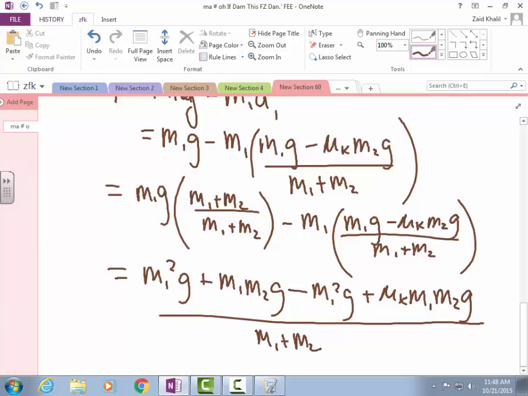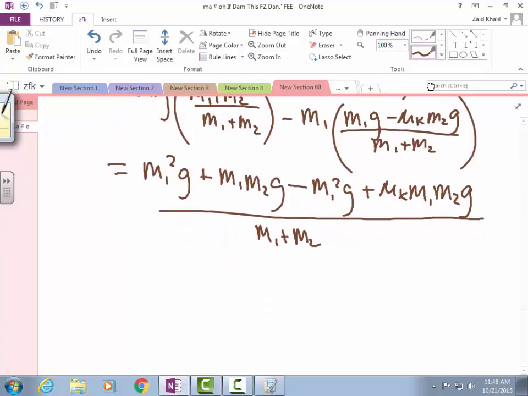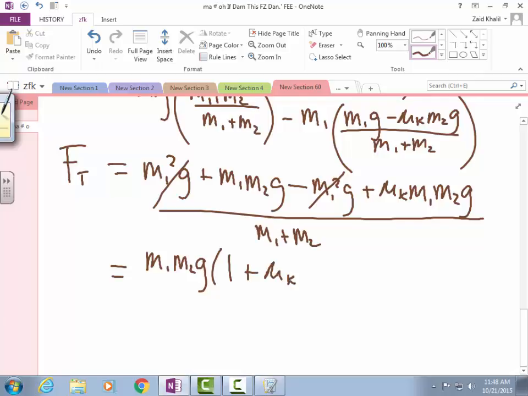Nice. So what does this mean? This means we have some cancellation. What's our cancellation? The M1 squareds. And what are we left with? Notice, what do these two share? M1 M2 G. So you factor that out. What are you left with from this term? What are you left with on that term? There you go.